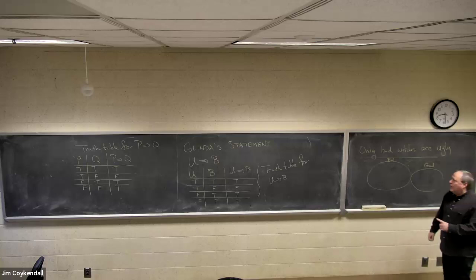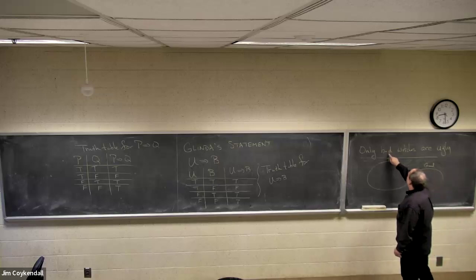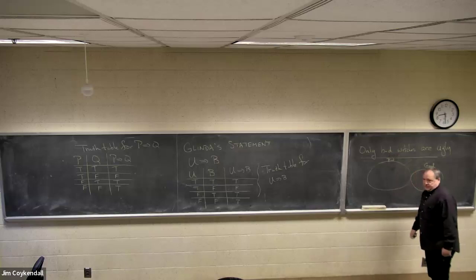Like if you are a bad witch, and it says not ugly, you're a good witch. There are only two possible choices. It says only bad witches are ugly.